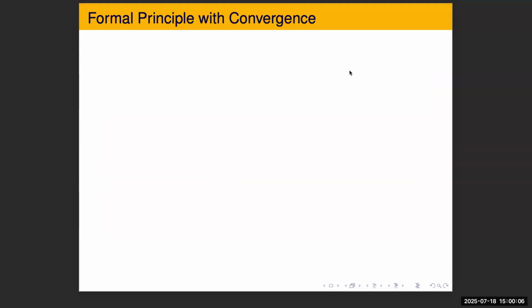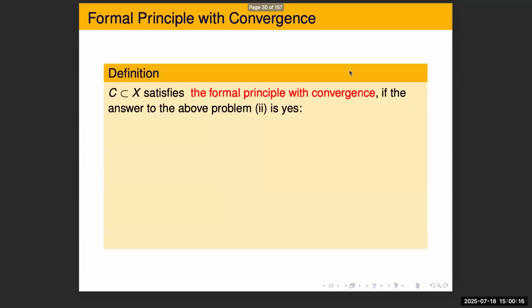And then there's a stronger concept, formal principle with convergence. Sometimes people call it strong formal principle. This is exactly the case where the answer to the second question is yes.